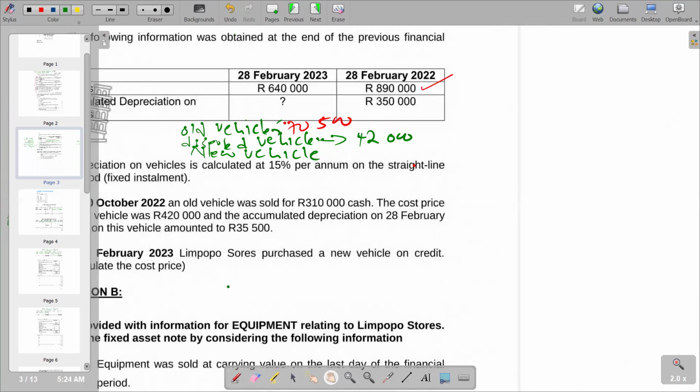Very simple. Remember, if you say the cost price at the beginning is 890,000, and then we add the new vehicle that you want to calculate, then we subtract the one that was disposed, which is 420,000.